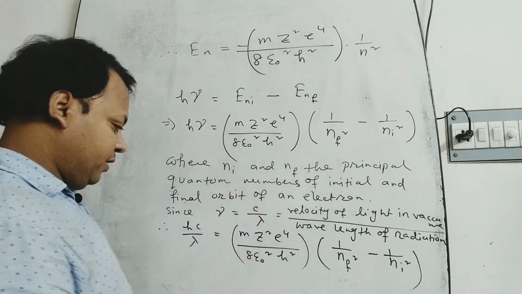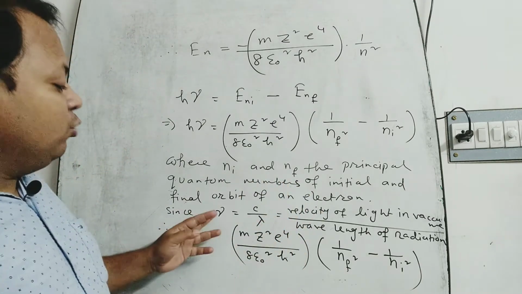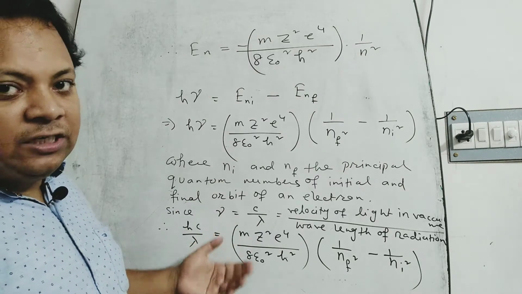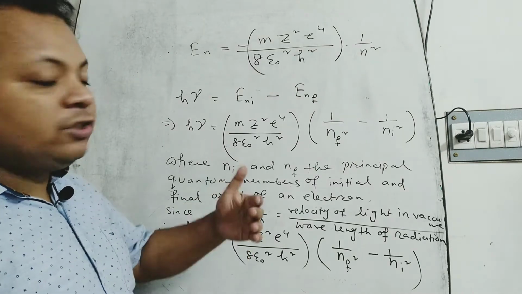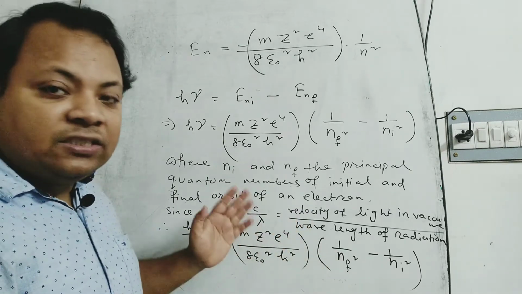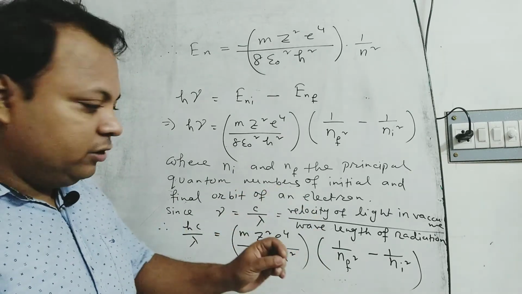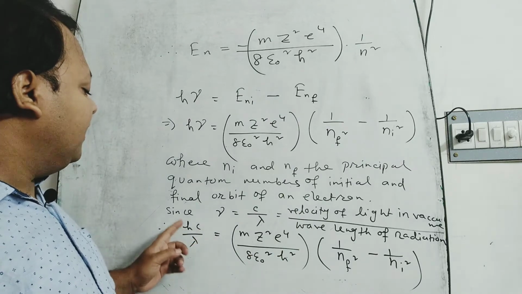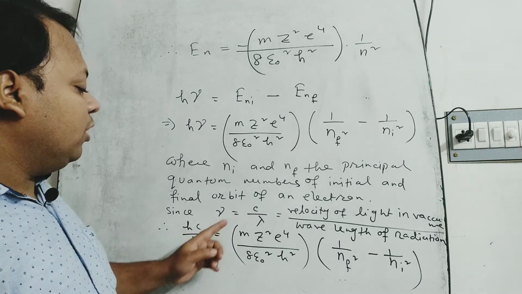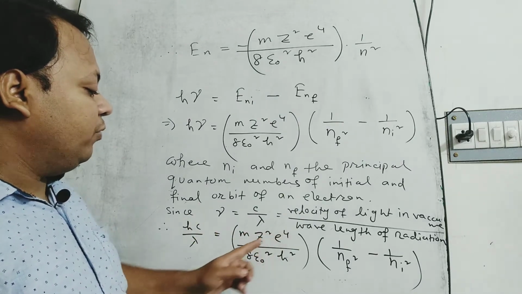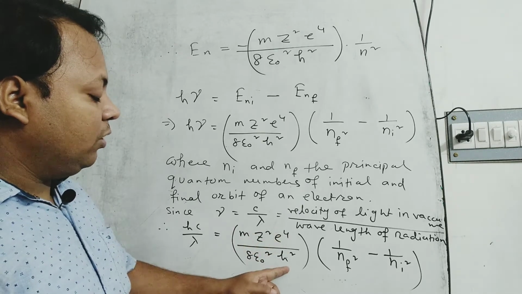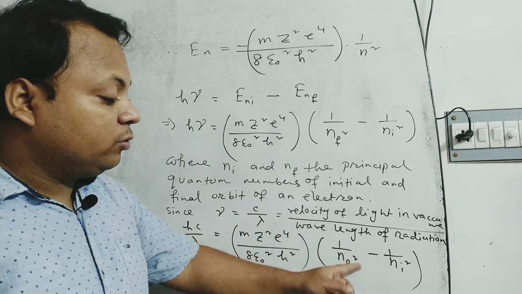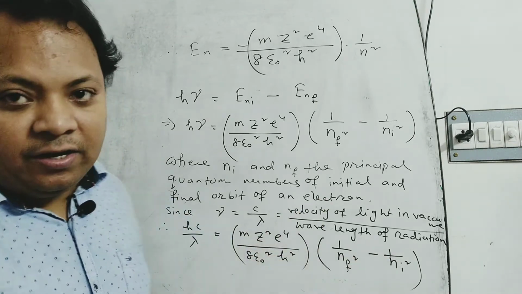And we know that nu, the frequency of the radiation, is equal to c by lambda. Here c is the velocity of light in vacuum and lambda is the wavelength of the radiation. Therefore we can write hc by lambda equal to m Z square e to the power 4 by 8 epsilon 0 square h square whole into 1 by nf square minus 1 by ni square.